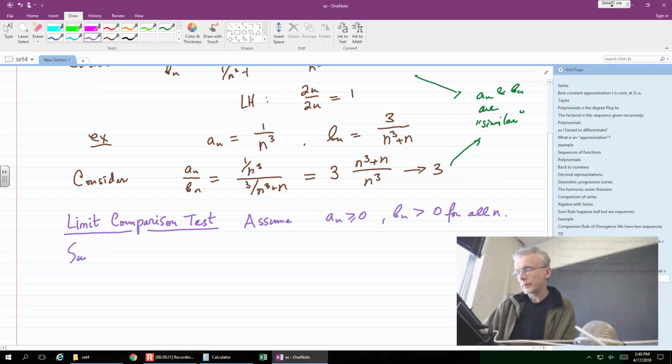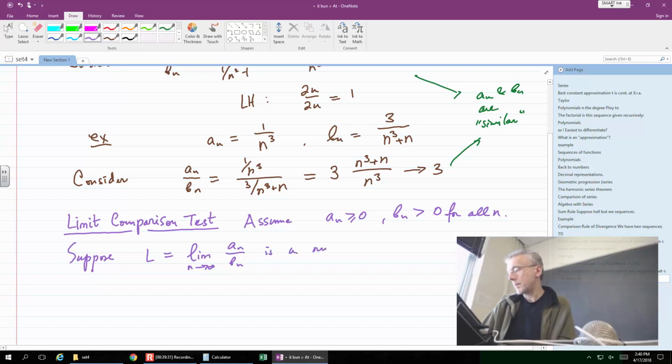Suppose L equals the limit of a_n over b_n, is a number or infinity. Once again, this sequence has non-negative terms, which means that it has only two possible outcomes.